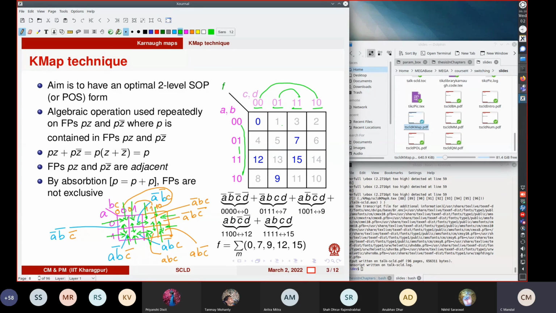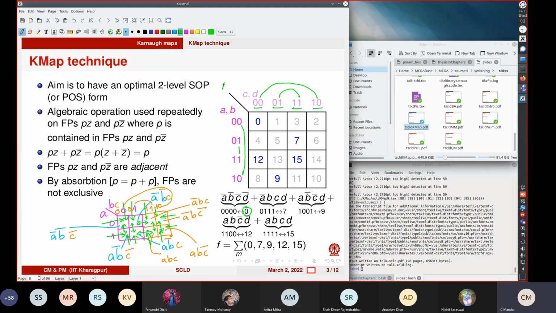This is the Gray code principle which is working. So it is convenient to number these squares. Why is it convenient? Because these min terms are often represented with numbers.